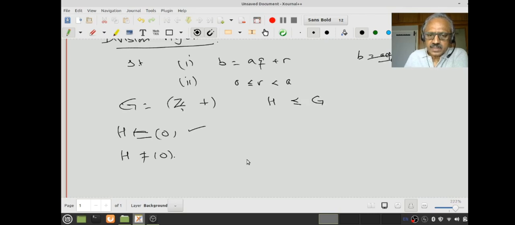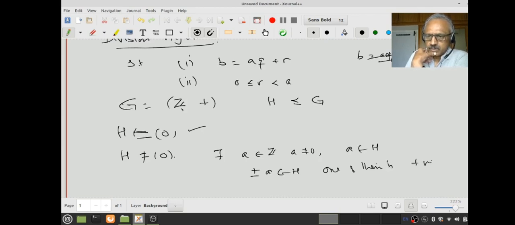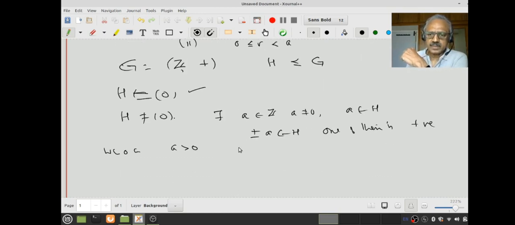Then there exists at least one A in Z, A not equal to 0, so that A is in H. H is a subset of Z, and if it is not equal to 0, it contains at least one non-zero element. Since H is a subgroup, both plus or minus A are in H, and remember A is non-zero, therefore one of them is positive. So without loss of generality, let's assume A is positive. You understood that?